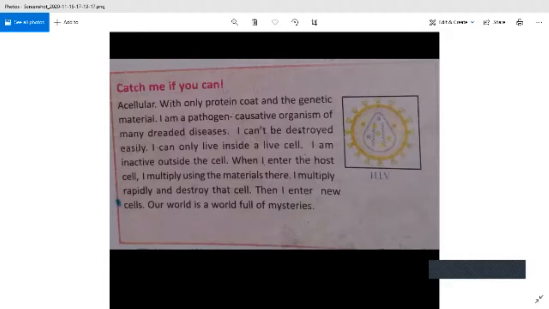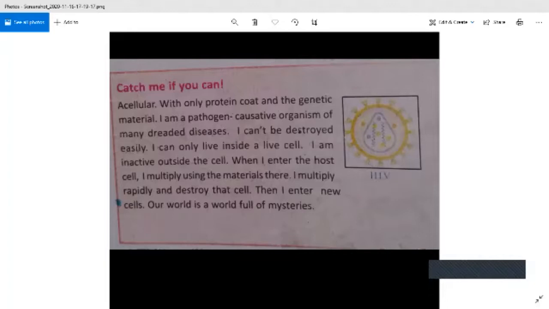"I am inactive outside the cell." So if it is not inside our body, it is inactive and will not multiply. "When I enter the host cell": the body in which it enters is called the host, and the cells in that body are called host cells. "I multiply using the materials there."